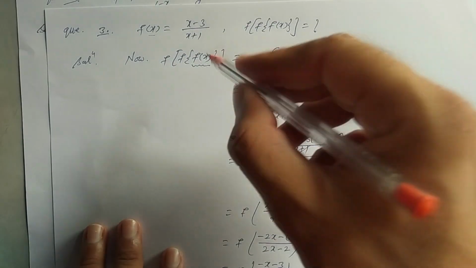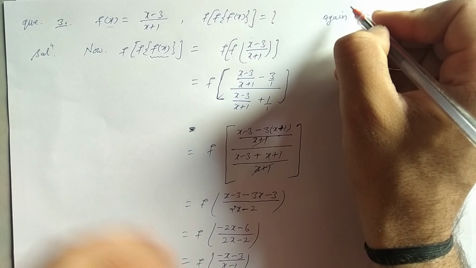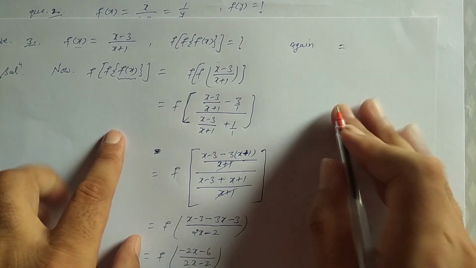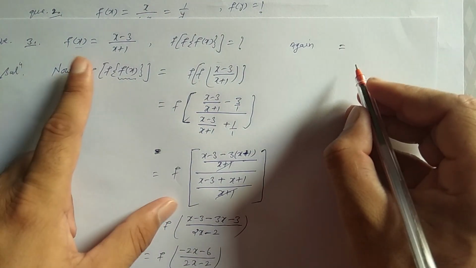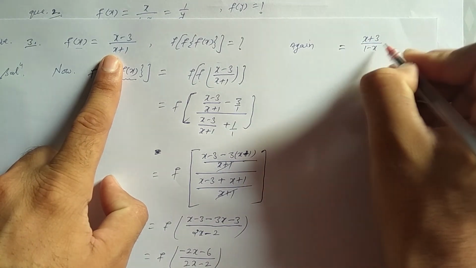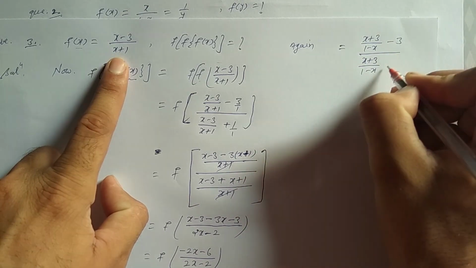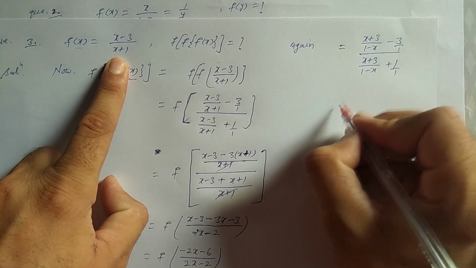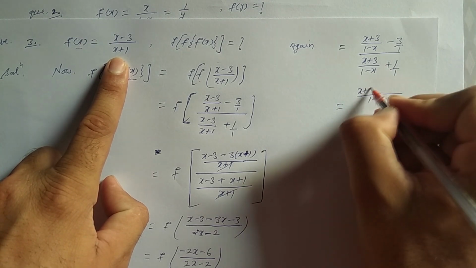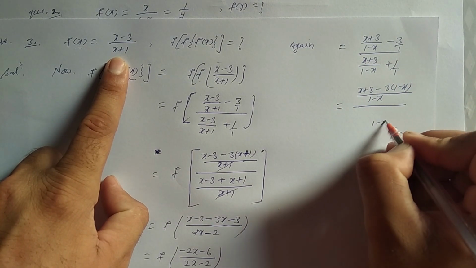Putting the value of function f(x): f of (x+3)/(1-x) equals [(x+3)/(1-x) - 3] divided by [(x+3)/(1-x) + 1]. Taking LCM: the numerator is x+3 minus 3 into (1-x), upon LCM (1-x).